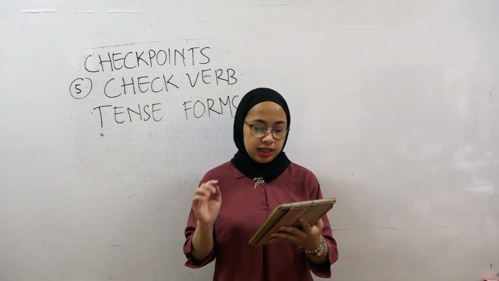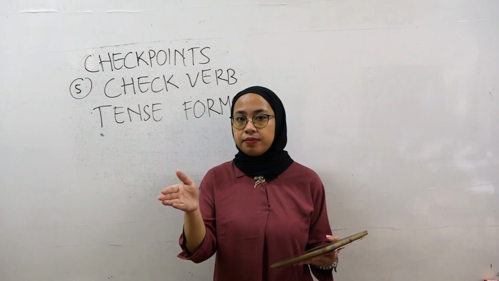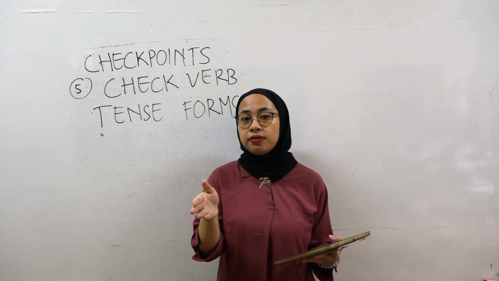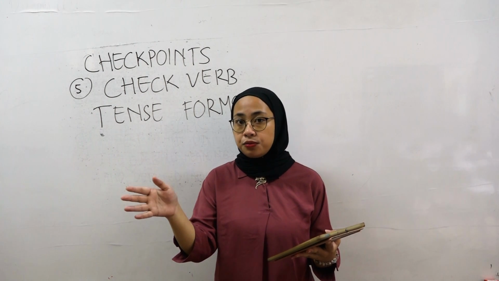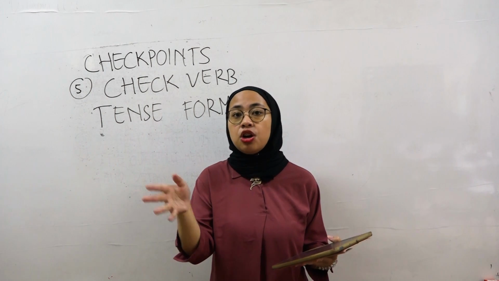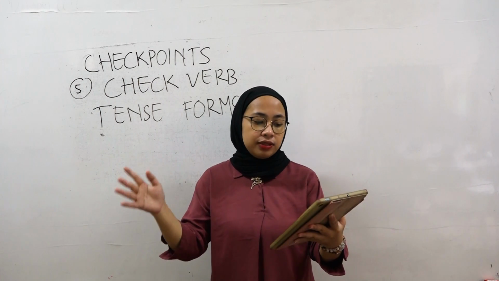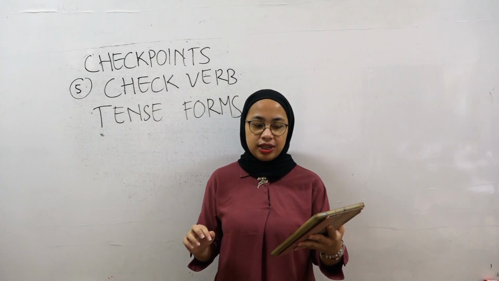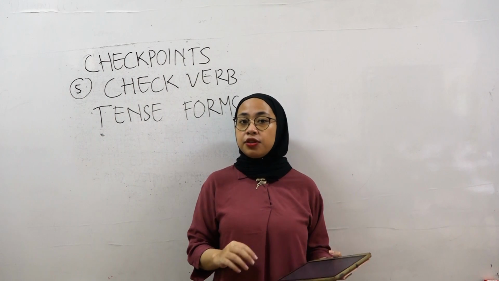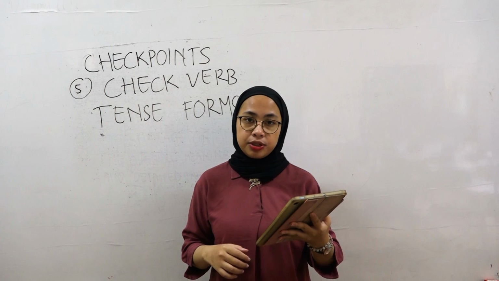All right. Here, the example: I have lived. So after have, it is followed by a past participle. I have lived, not I have living. Yeah, I have lived here for a long time. After have, you must follow with a past participle.